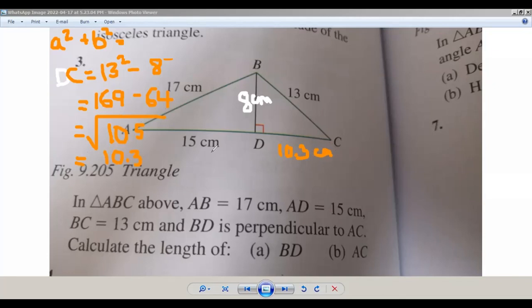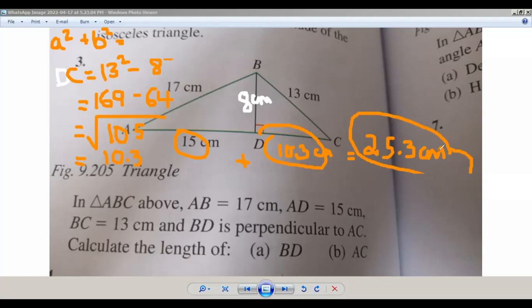All right, and to find the whole AC, just add the 15 and the 10.3. That would give us 25.3 centimeters. That's our answer. All right, any questions?